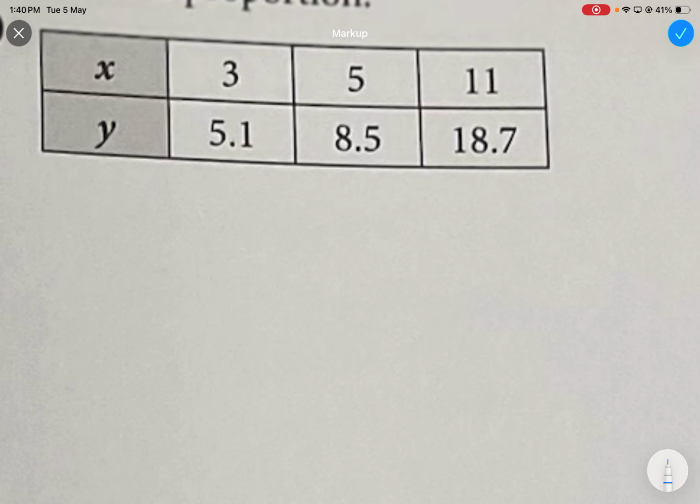3 to 5.1. I need to multiply by 1.7. How do I know? How do I get this 1.7? Actually, I take 5.1 divided by 3. Okay? So this one, 8.5 divided by 5, also 1.7.